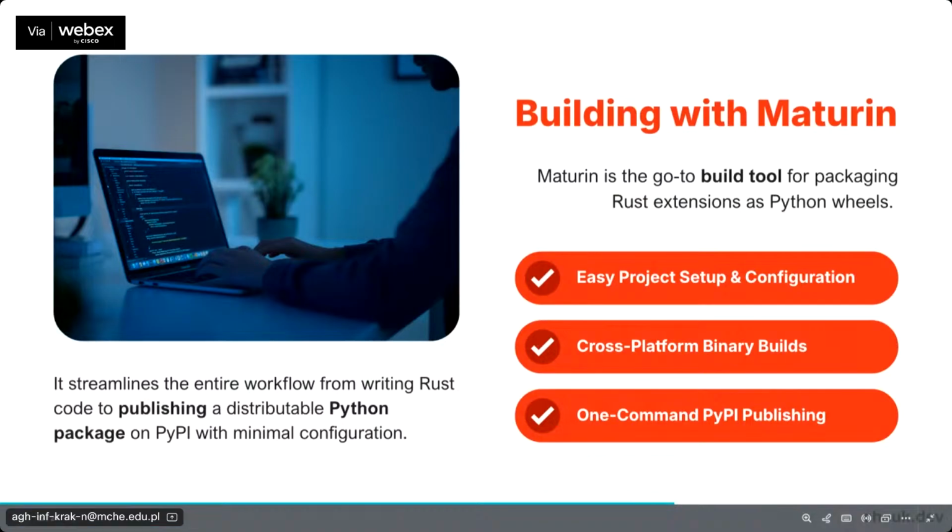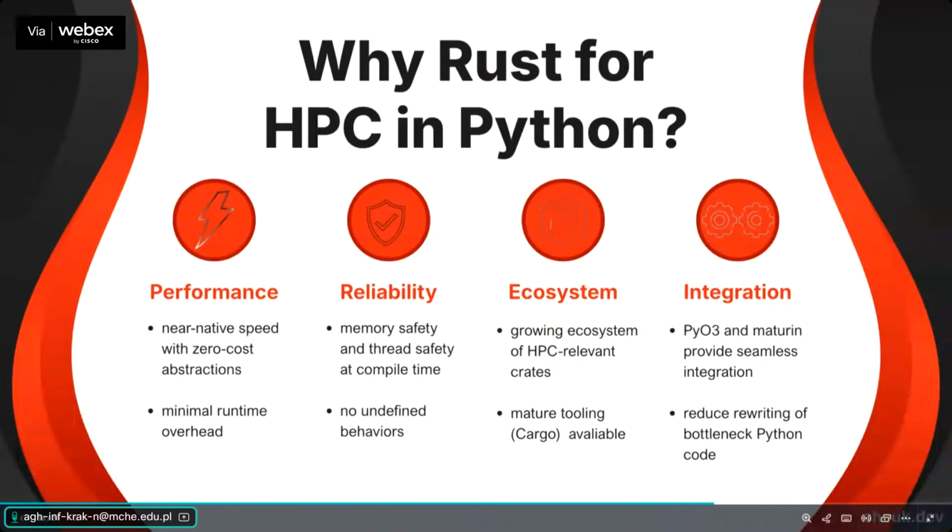And after you have written some code, you can just type maturin develop in your command line, and it will compile, and then you can use it. You can even publish to PyPI with Maturin, so it's good, right?